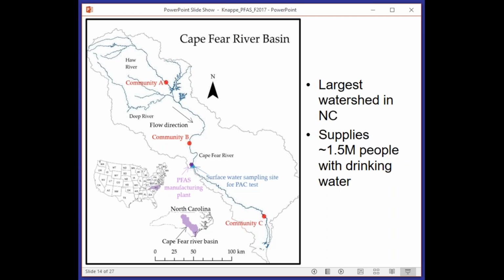And then Community C is downstream of a fluorochemical manufacturer, and we studied the effectiveness of their water treatment processes for fluorochemical removal. We also took a surface water sample just downstream of this PFAS manufacturing plant, and we conducted some adsorption studies on this particular water. So this one had slightly higher levels of PFASs than what you would have seen at community C. The next slide.